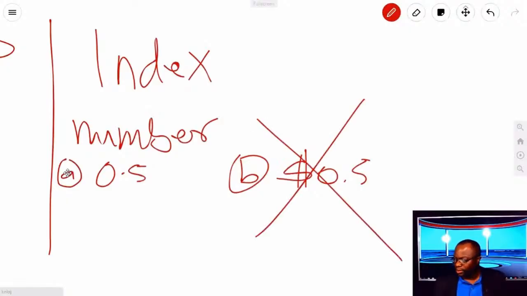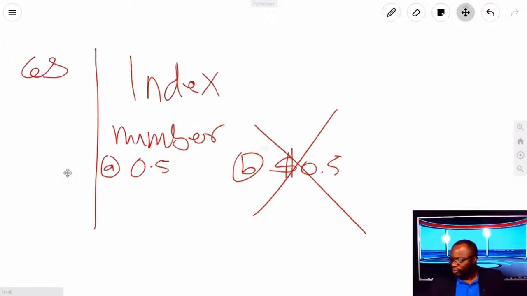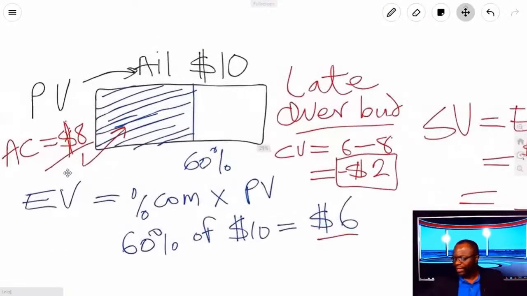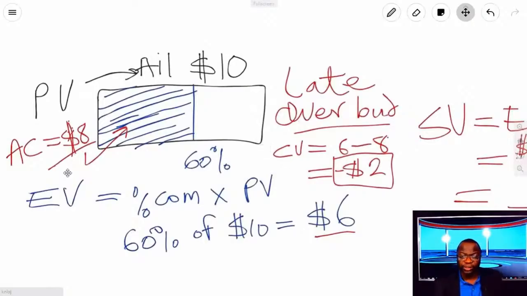Okay? So I just wanted to give you a real world view of this very basic concept so that you understand planned value is the promise, earned value is what I got done, and actual cost is what I spent, okay? Planned value is the promise.